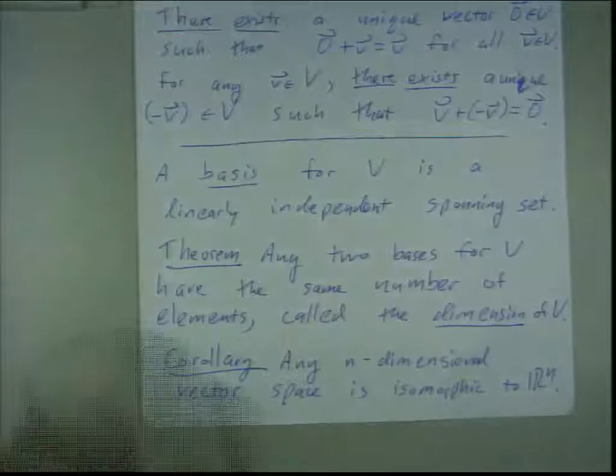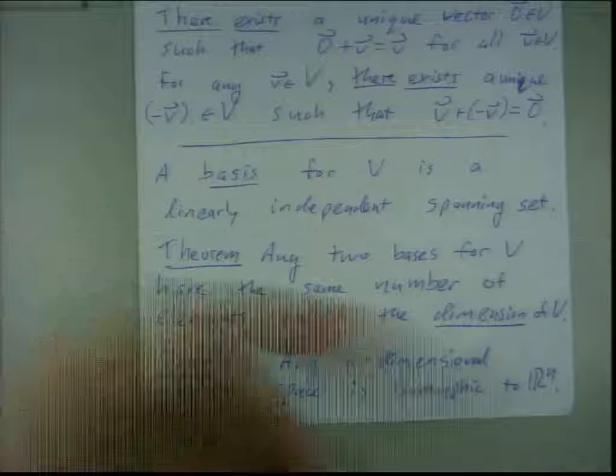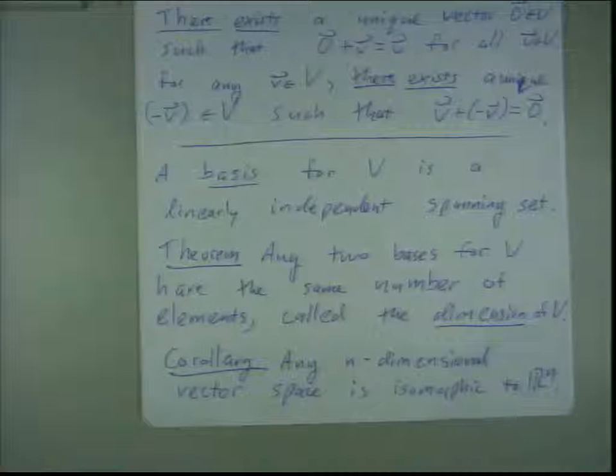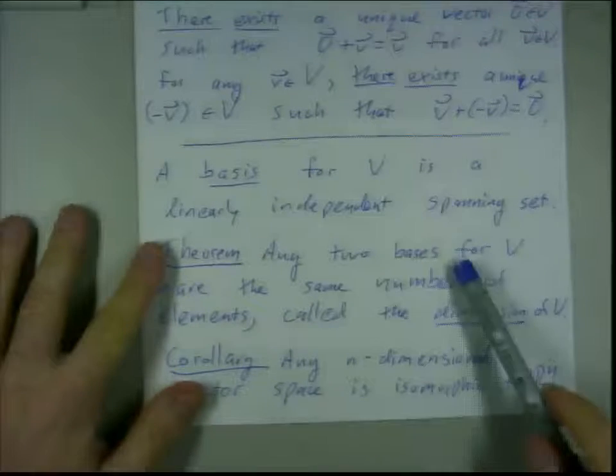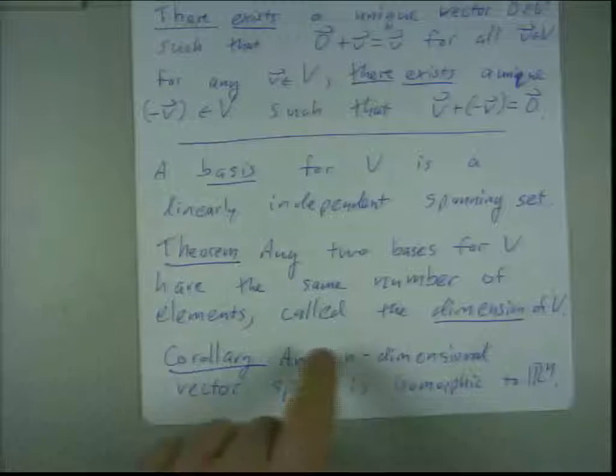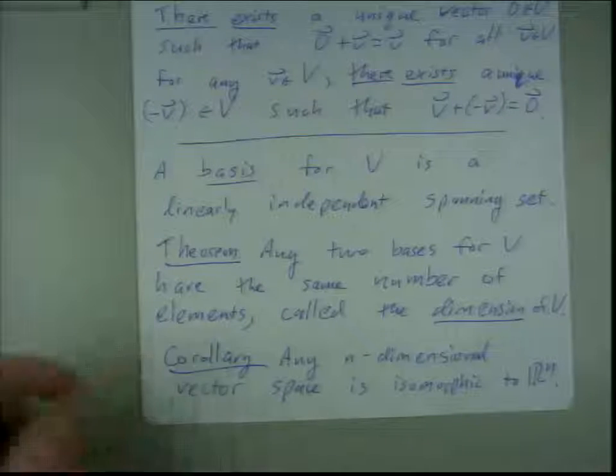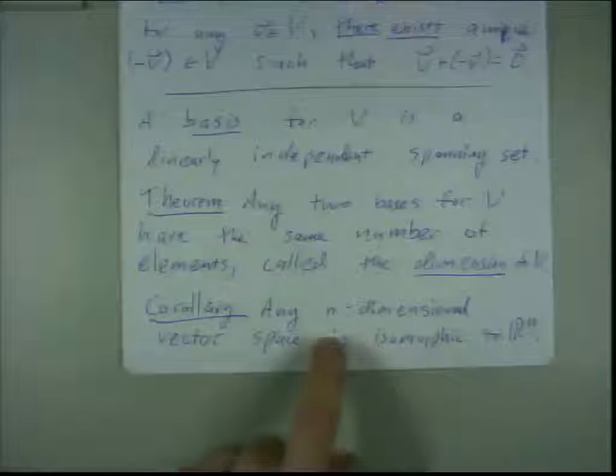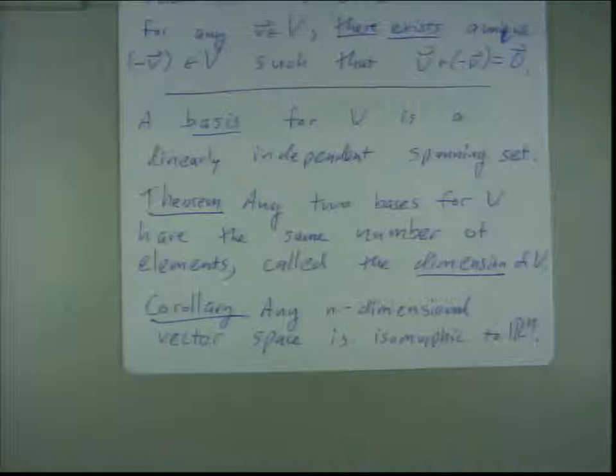And so you have a well-defined notion of dimension, which is the number of those elements, the number of independent parameters you need to specify an element of the vector space. And a corollary of the fact that any two bases have the same number of elements is that any n-dimensional vector space is actually isomorphic to Rn.